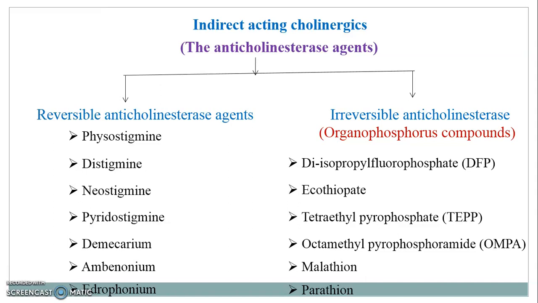These agents have limited therapeutic value but are of great toxicologic significance, like they are used as insecticides such as malathion. Examples of irreversible anticholinesterases are diisopropyl fluorophosphate, in short DFP, ecothiopate, tetraethyl pyrophosphate, octamethyl pyrophosphoramide, malathion, parathion. All these are examples of irreversible anticholinesterases.